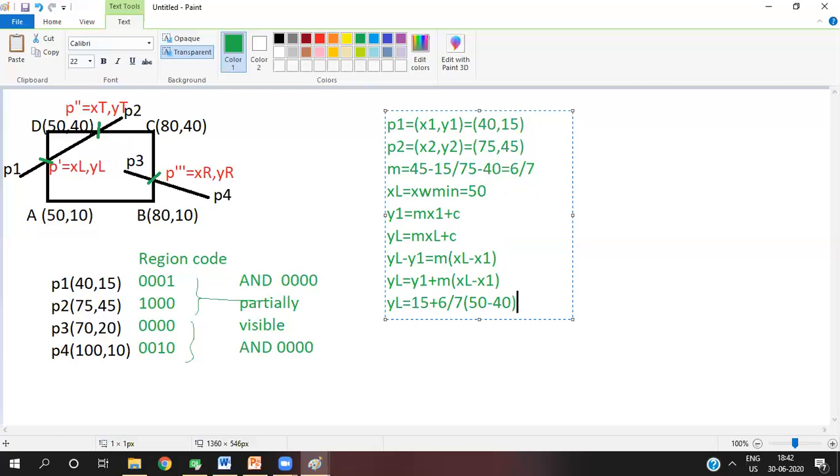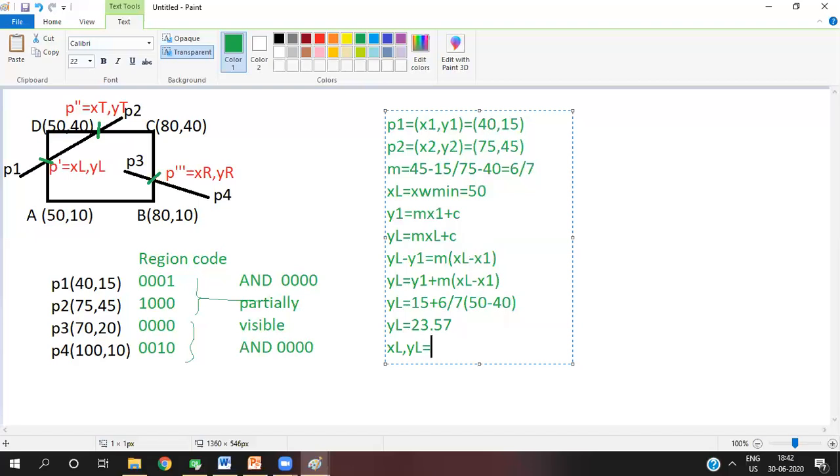So after calculating this, you will get something in floating point. Okay, let's see what is the value. Do calculate it. You will get 23.57 over here. Fine. So you got the xl yl point, xl comma yl.